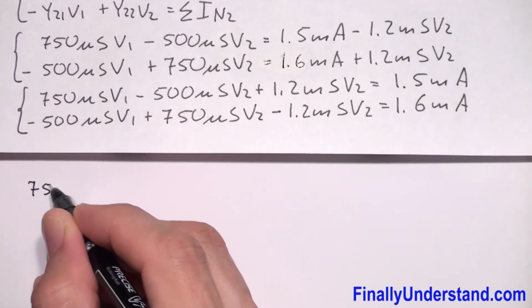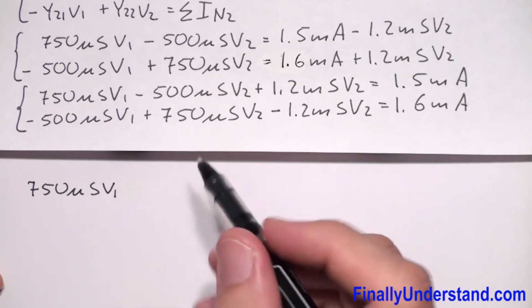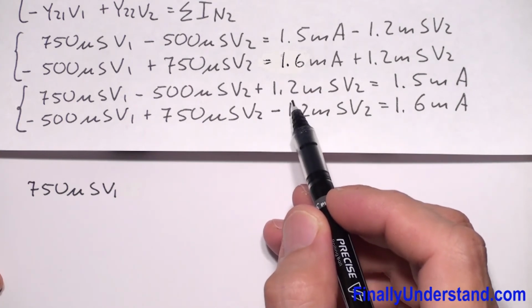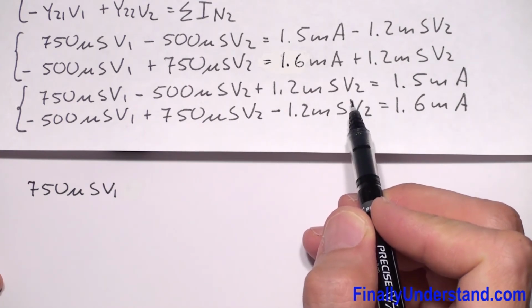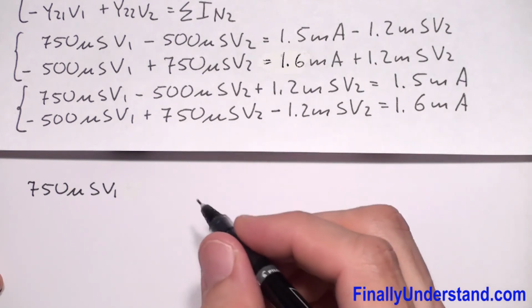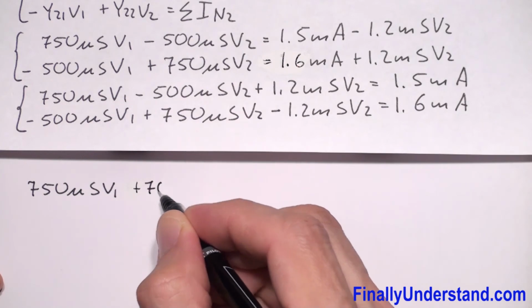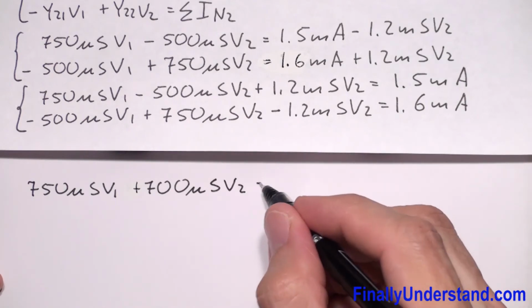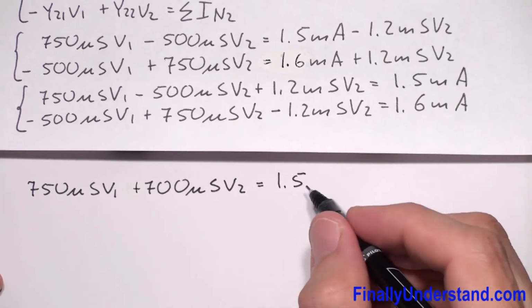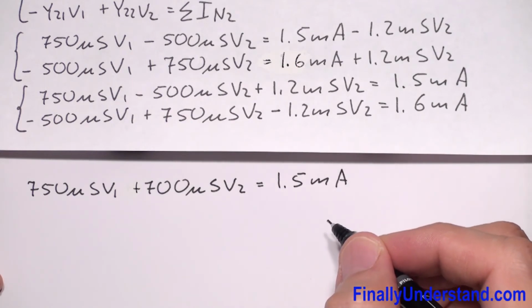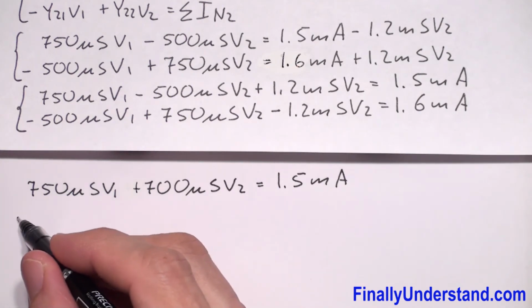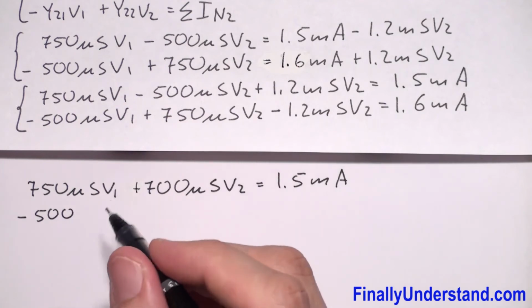So this is 750 microsiemens V1, and I have negative 500 microsiemens V2 plus 1.2 millisiemens V2, which is 700 microsiemens V2, and this is equal to 1.5 milliamps. Okay, this is my first nodal equation.